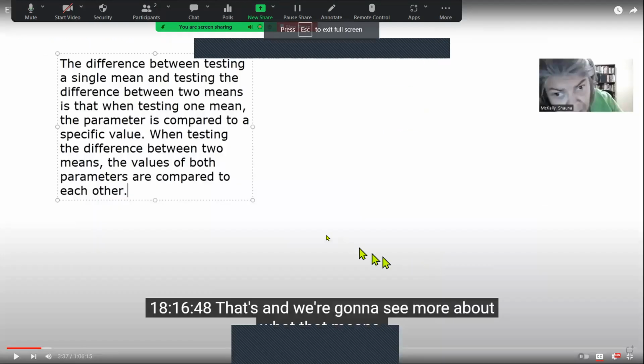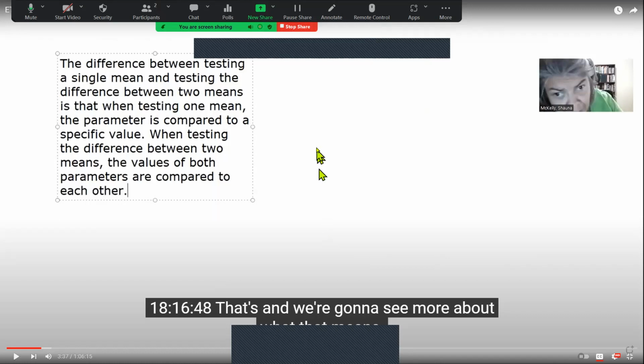That's something like what you can write for question 1, because question 1 on the homework is asking you to explain the difference between testing for a single mean versus testing the difference between two means. And she didn't give you anything in the slides about this, because I checked it, and that's specifically why I wrote it.